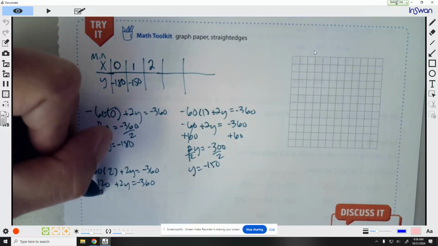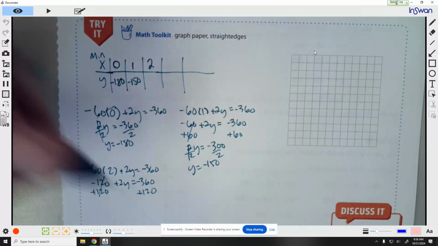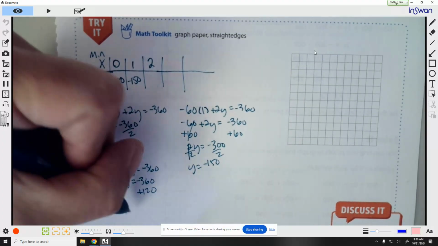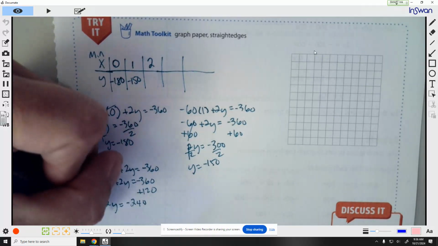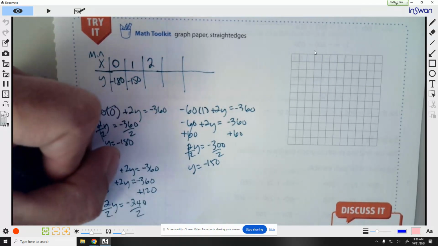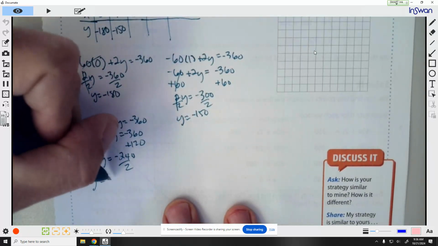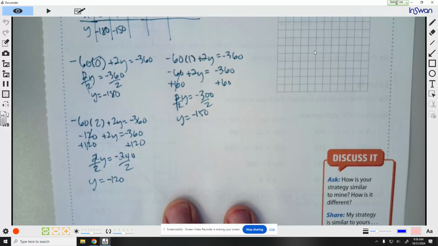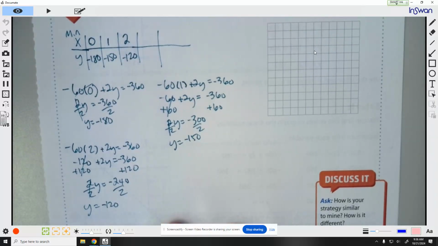I'm going to add 120 to both sides. So this will cancel. So you get 2y is equal to negative 240. Last step, I want to divide everything by 2. And then y will be equal to negative 120. Okay, so after 2 minutes, we get negative 120.